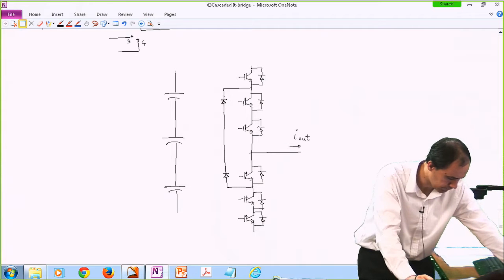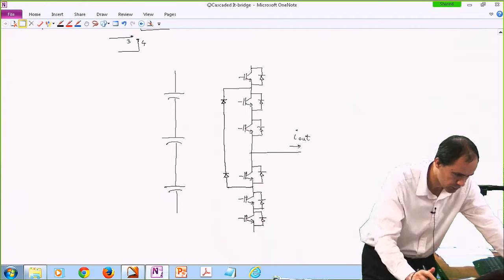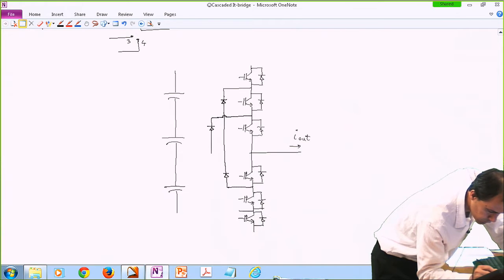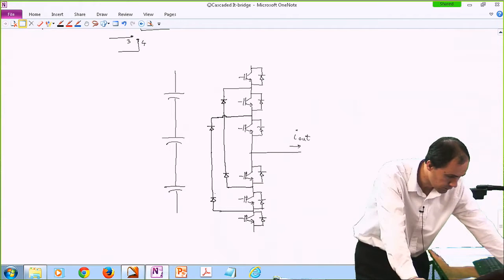Okay. So these are 2 of our clamping diodes, and then there are 2 more.